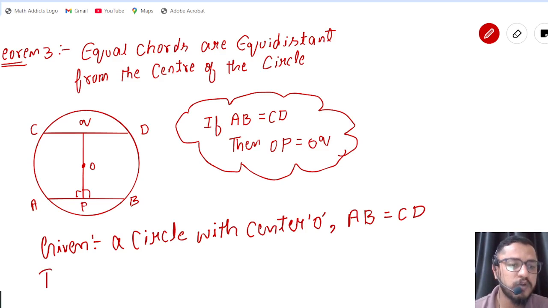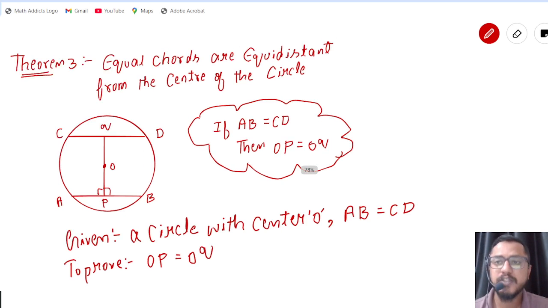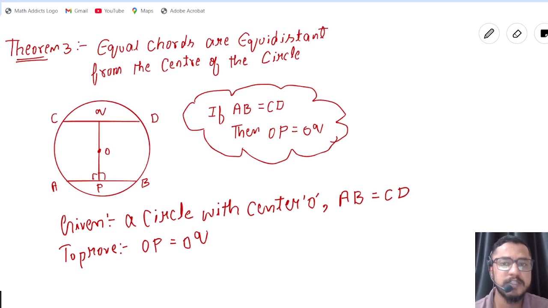What are they asking us to prove? That the distance from the center to the chords will be equal, meaning OP will be equal to OQ. Is there any construction? Yes, we have a construction. What's the construction?